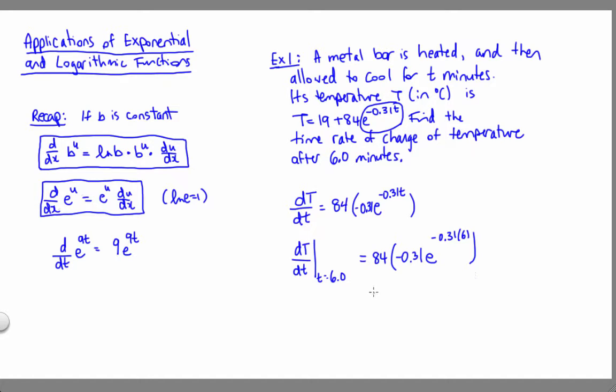So plugging this entire expression into our calculator, we're going to get a value of negative 4.1. And if we think about the units, we've got the units of temperature, which are degrees Celsius, divided by the units of time, which are minutes. So final answer, negative 4.1 degrees Celsius per minute is the time rate of change of temperature after 6.0 minutes.